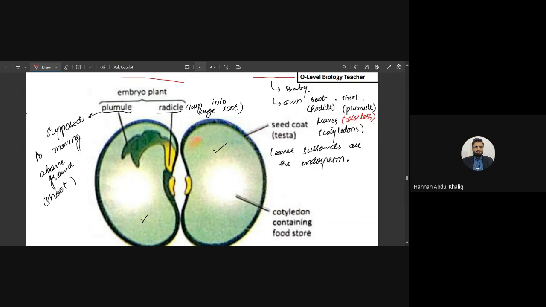Why? Because there is no light. When there is no light, the seeds do not develop chlorophyll or chloroplast. The cotyledons would turn green only when they are exposed to light.